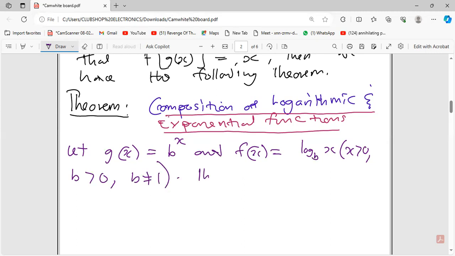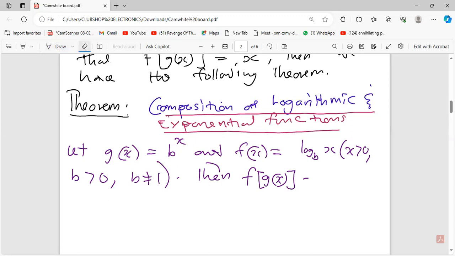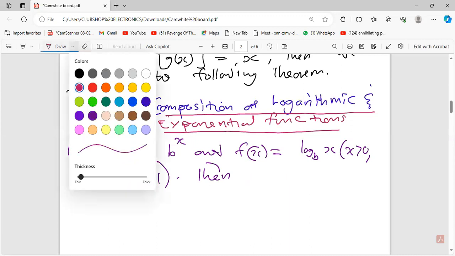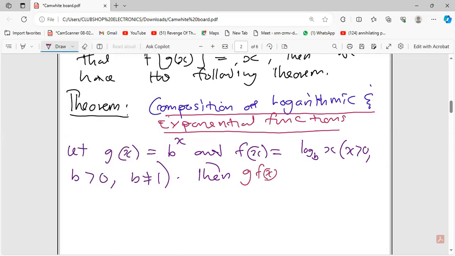Then if we want to find f of g of x, right? So simply means, now let me start with g of f of x. G of f of x, all right? This simply means that get f here and put it in g.